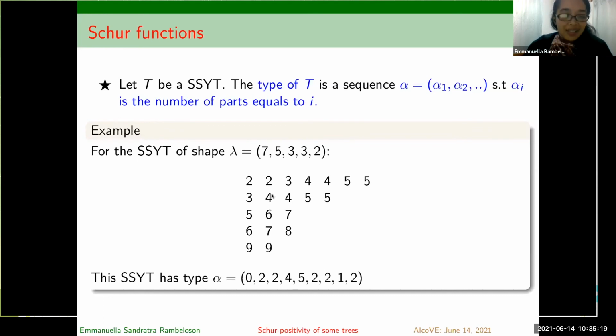For this SSYT of shape 7, 5, 3, 3, 2 here, this alpha here is the type of it, where 0 here is the number of parts that equal 1 here, 2 is the number of parts that equal 2 here, 2 is the number of parts that equal 3 here, and so on. That is the definition of type of SSYT.